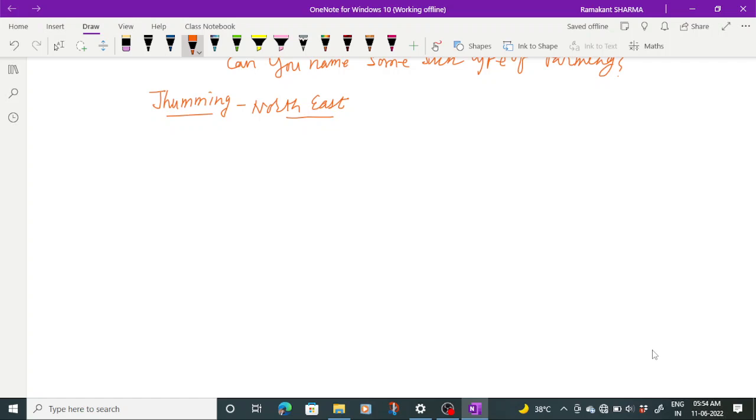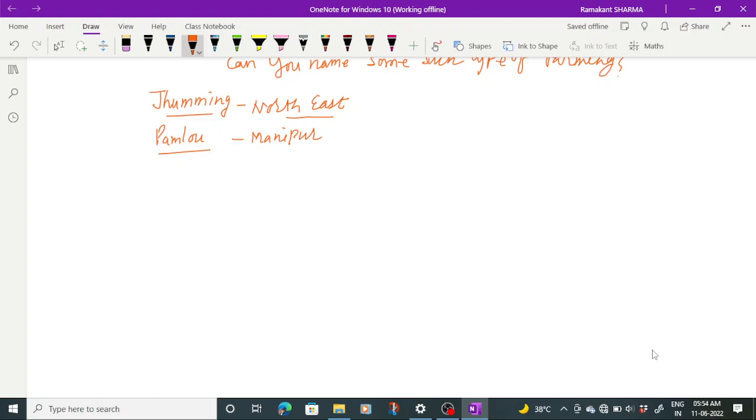Now this zooming is called by different names in different parts of the country. For example, it is called Pamlau in Manipur.